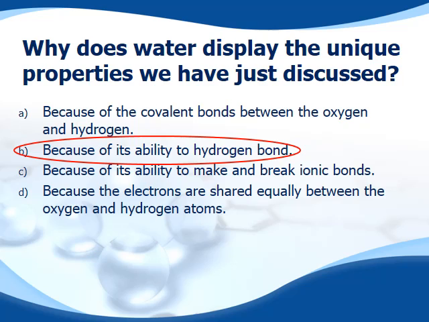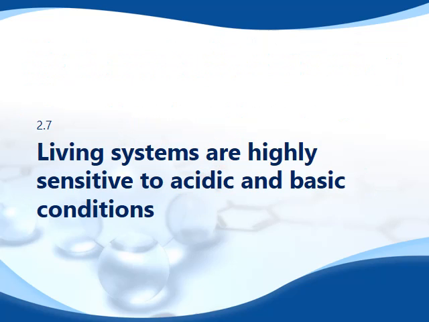Positively charged sodium ions are attracted to the negatively charged side of the water molecule, while negatively charged chloride ions are attracted to the positively charged side. Salt water does not freeze well because the lattices of hydrogen bonds cannot form in salt water.